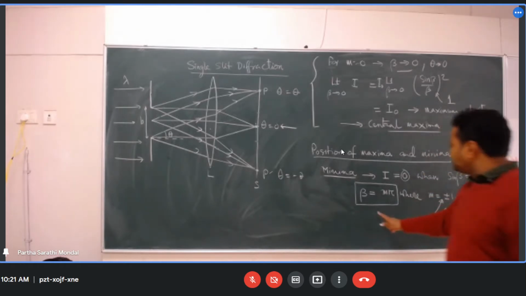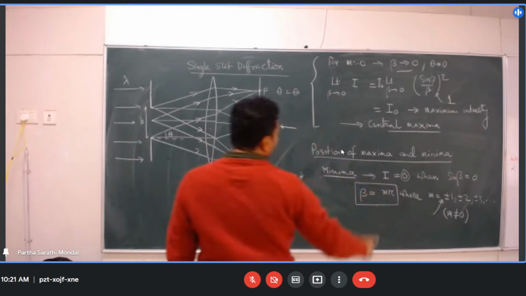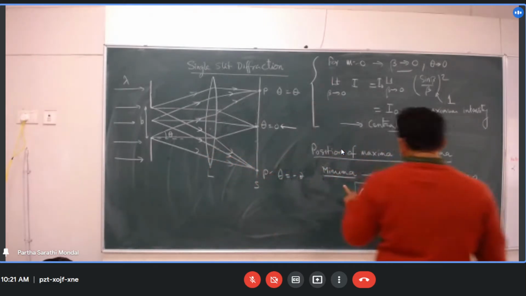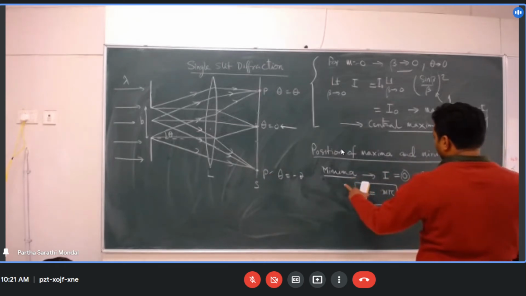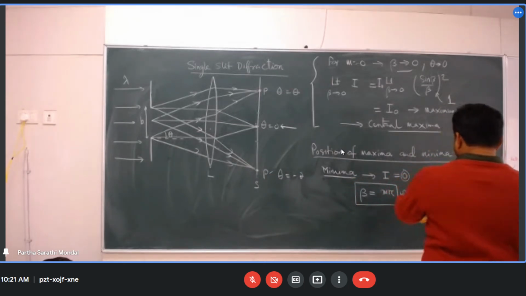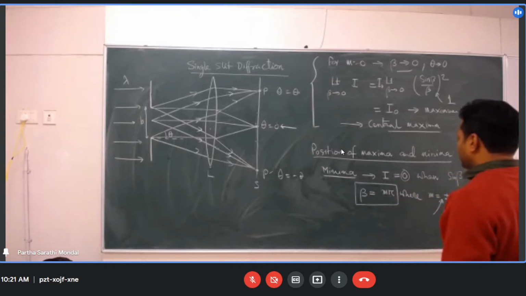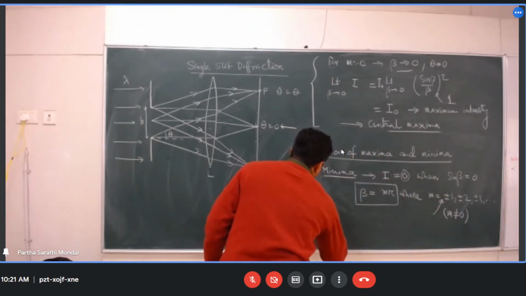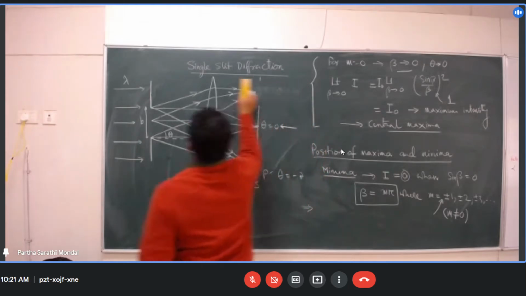So when we are discussing the minima, where it is dark, we will see the dark nature of the light. So in that case, you have to put this equation. Now, what is the value of beta? So beta is equal to, let me clean this.